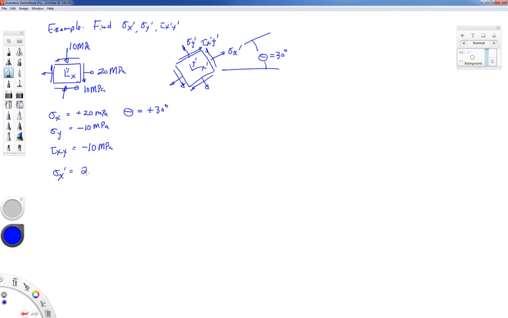All right, so if we remember those equations, we got sigma x plus sigma y over 2, and I need to put in a negative 10 right there.